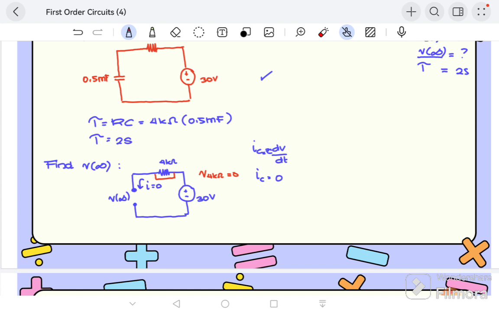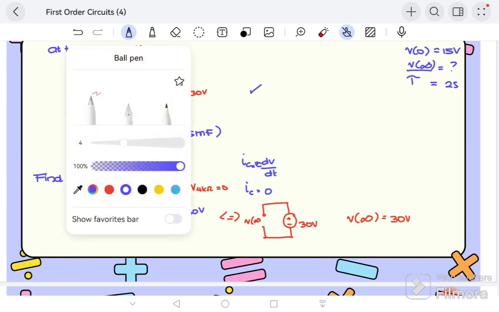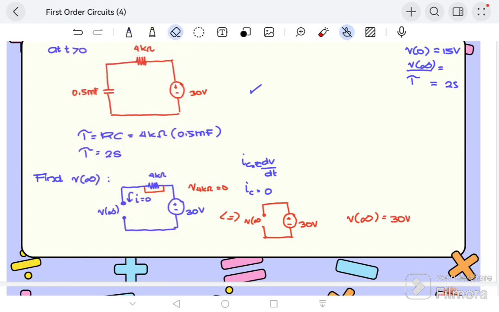So our circuit is like this, and V infinity is 30 volts. Again, V infinity is 30 volts.